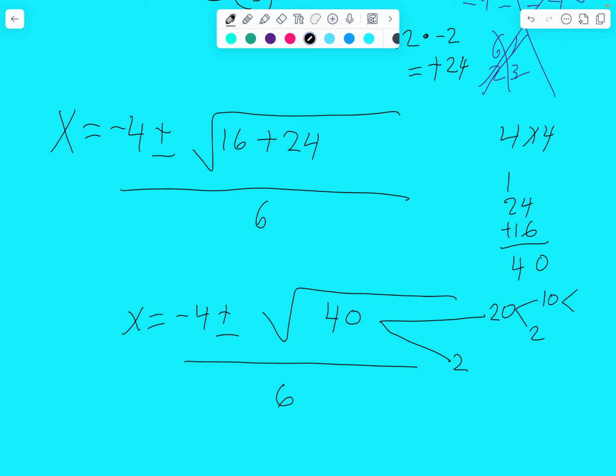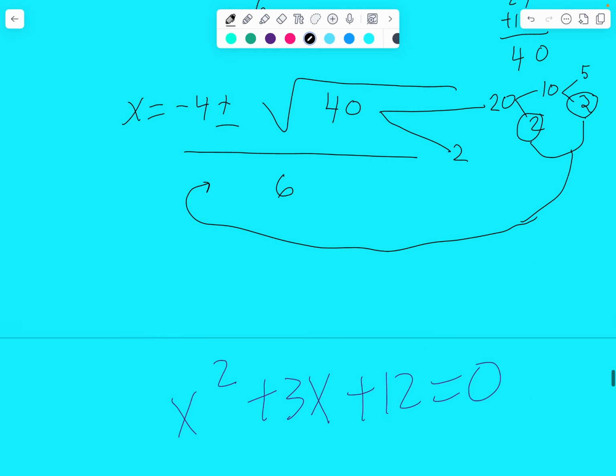And then I'm going to say to myself, okay, what multiplies to 10? Because 10 can be broken down more. I know 5 times 2 is the only thing that can really get us into 10 without it being a repeat of itself. And then look, I have 2 twice, and they're best friends, and they're going to go outside together, okay?